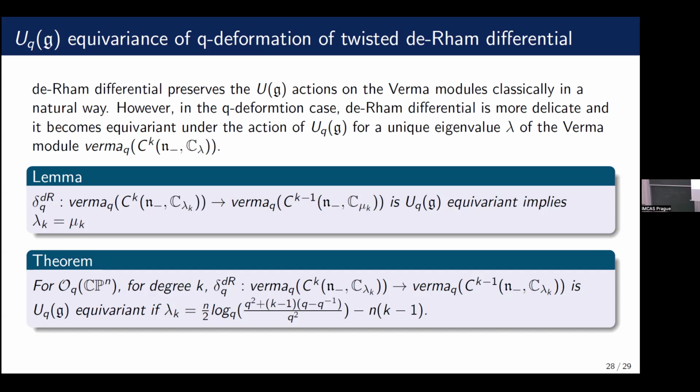If you take lambda k and mu k, UQG equivariance tells you that lambda k and mu k have to be the same. And precisely, your lambda k for OQCP, the projective case, is this.